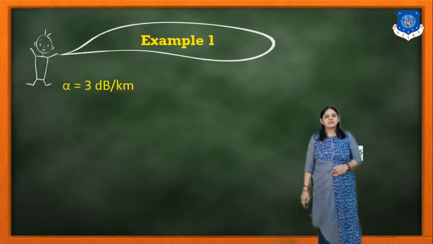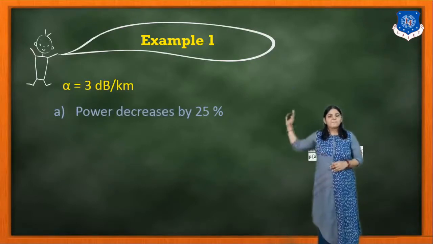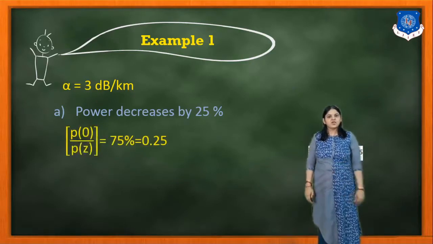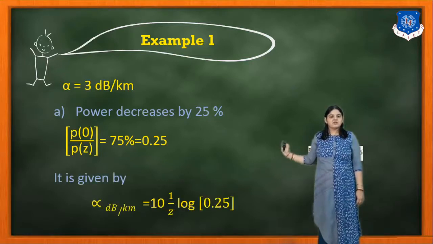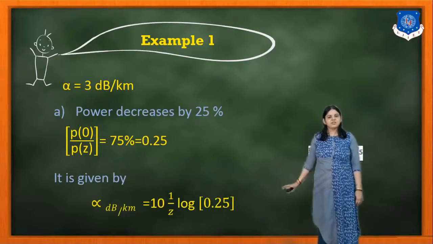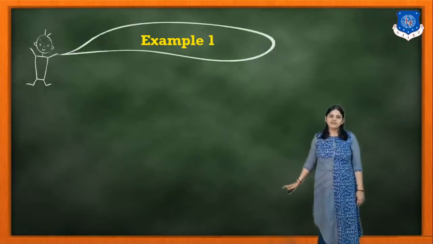Now the other example. Alpha is equal to 3 dB per kilometer. Power decreases by 25%. So P0 by Pz is equal to 75%, so 25% is 0.25. So now alpha dB per kilometer is equal to 10 1 by Z log 0.25.